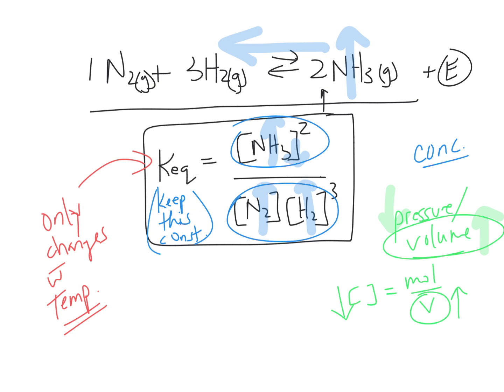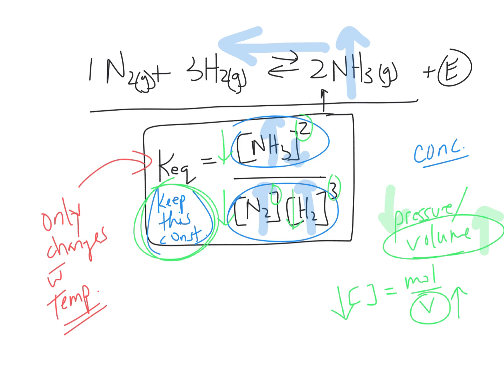Since concentration is the key thing in the equation, all of the concentrations would decrease by a combined effect, which would still keep the K equilibrium constant. Because they're decreasing and because we consider their stoichiometry, the math would continue to work out to keep K equilibrium constant in the blue situation and the green situation.